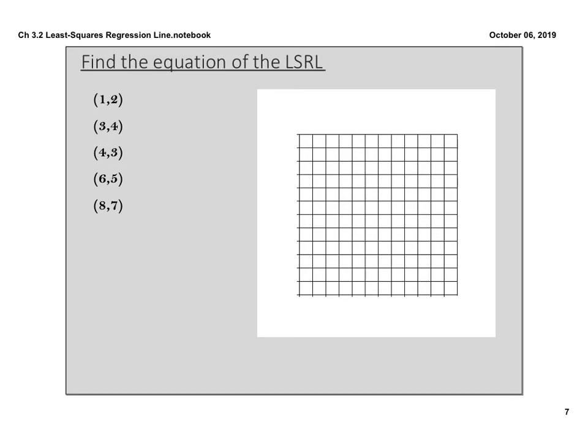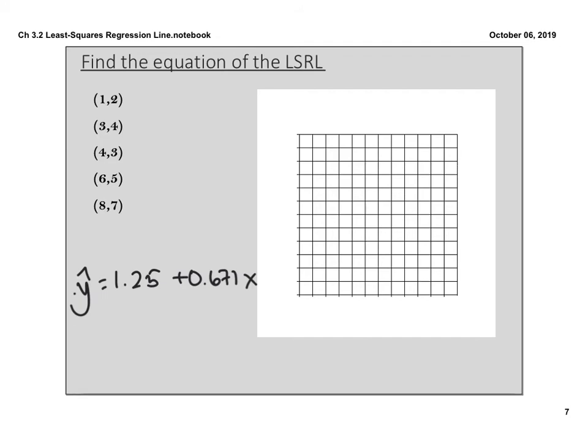I got an LSRL of y hat, because it's a prediction equation, is equal to roughly 1.25 plus 0.671 times my x. My x does not have a hat. Notice that. Your x is going to be an actual value. The prediction is the y. So x doesn't have a hat because x is an actual value that you're plugging in.